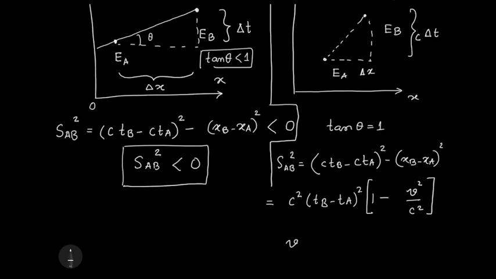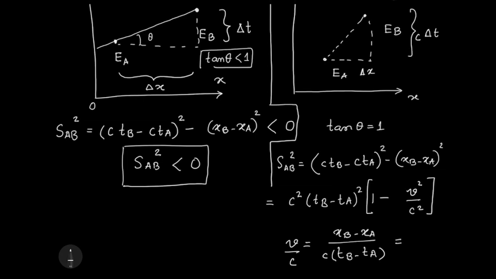And if x_B minus x_A and t_B minus t_A are such that these two terms are the same, or say if I put c back over here, these two are the same, it will be v by c.